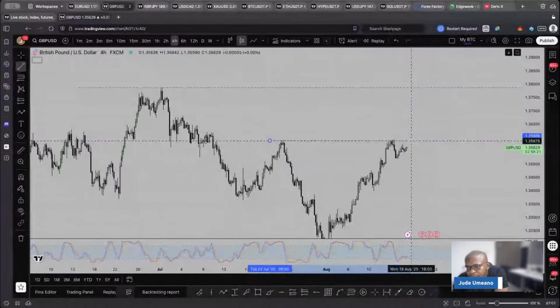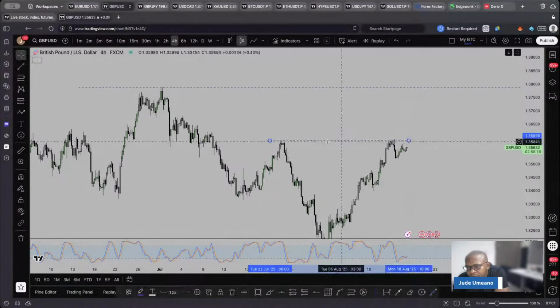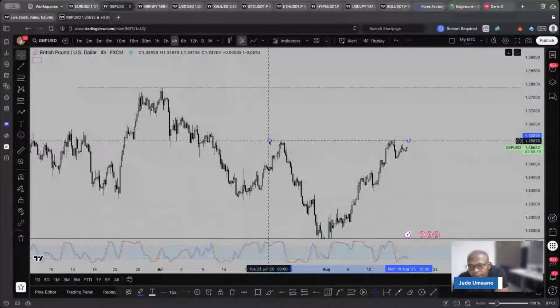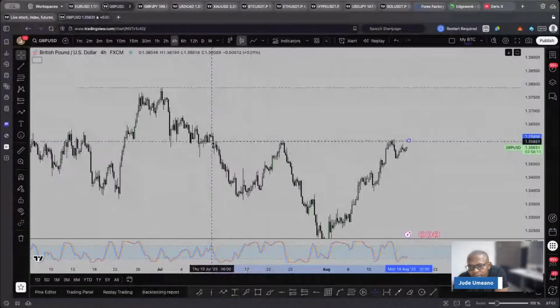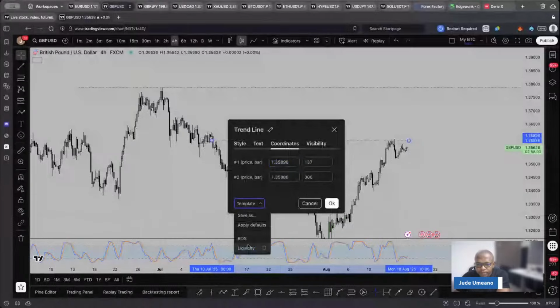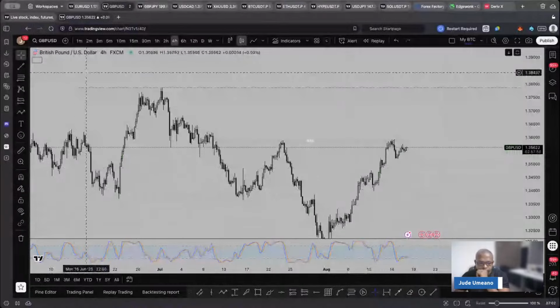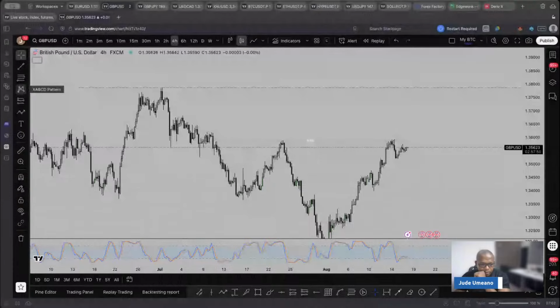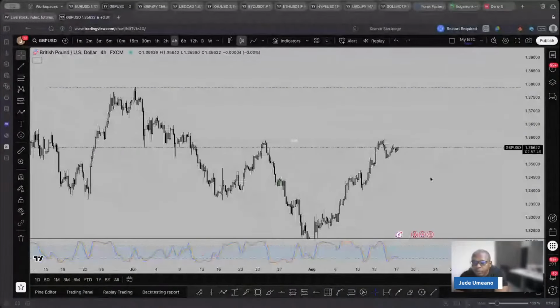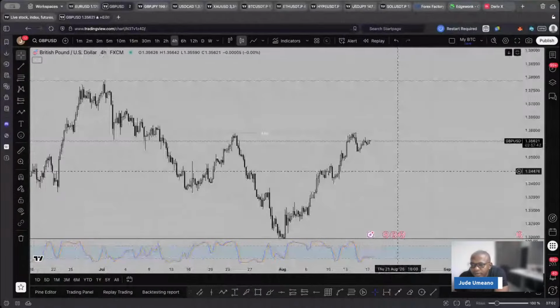So I'm going to mark it out as liquidity from here actually, as a liquidity line above this point. We have a liquidity line above this point.